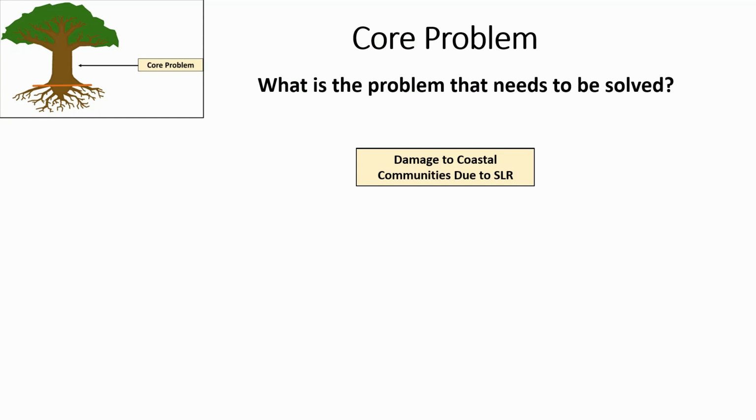So we'll talk about the ideal future and the desired state in module 4, when we talk about the objective tree, which is another tool, a complementary tool to the problem tree. But if we look at damage to coastal communities due to sea level rise, now this is potentially something that we can address. And there are a number of ways to do it. So let's decide on this to be our core problem for Keithtopia. This is a good core problem.